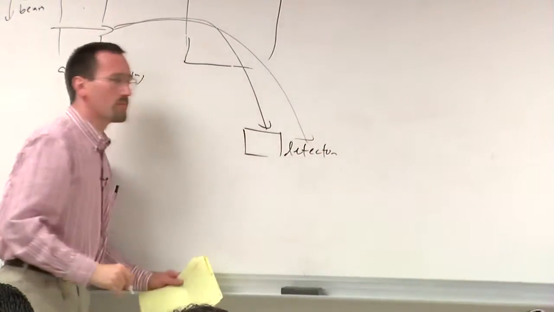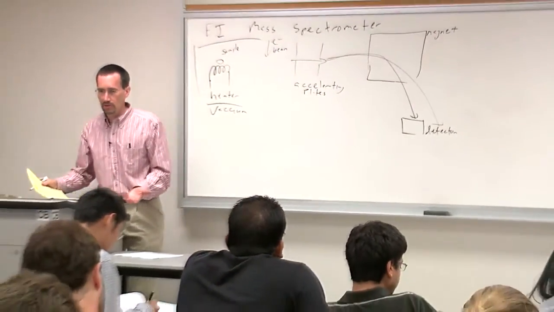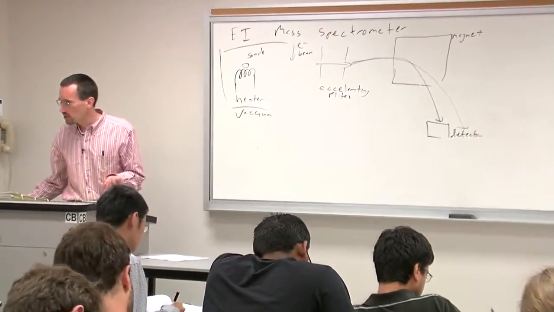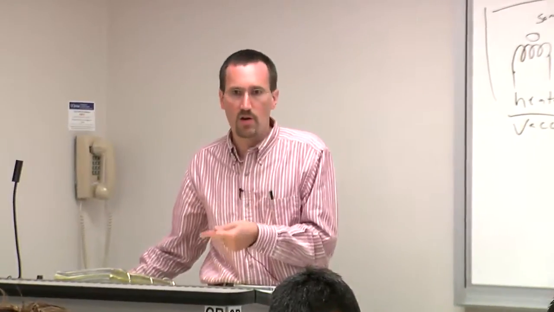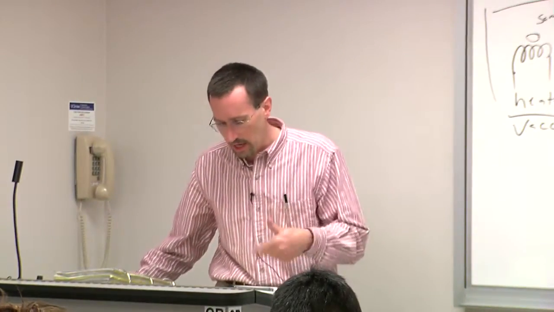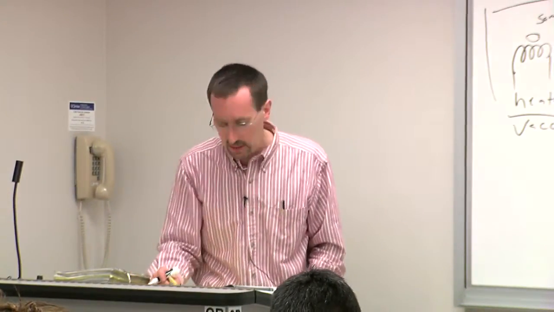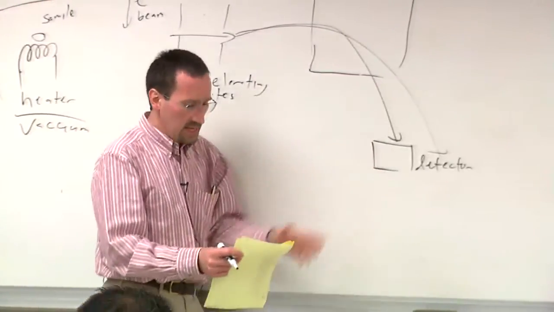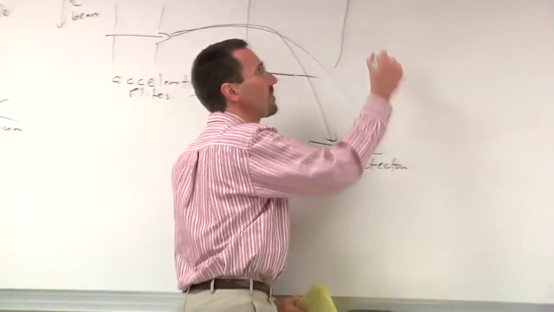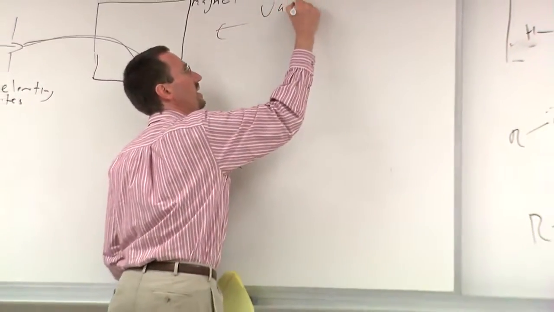And the detector basically measures electrical signal. The molecules are charged, and so you get a current, and you can amplify that current and therefore send that current on to a recording device or a computer. So this is called a magnetic sector instrument, and what you typically do will be vary the magnetic field.